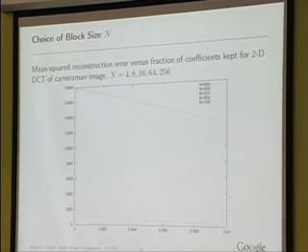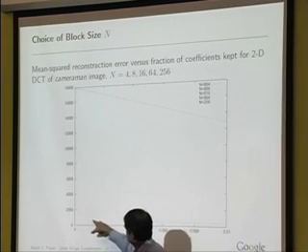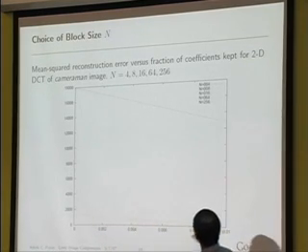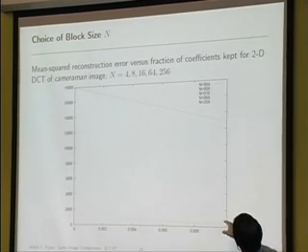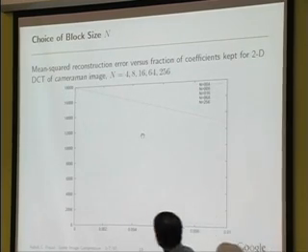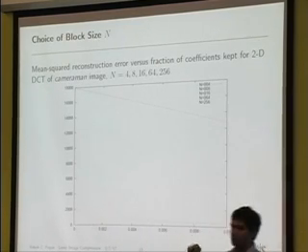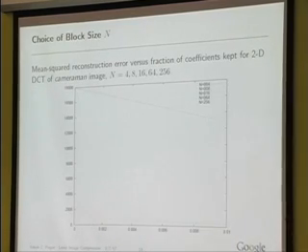So 1% of the coefficients is right here where these three curves, there's actually a third curve in there that's hard to see, kind of are on the same point in terms of distortion. But if we were back here somewhere, we'd probably see that the n equals 64 and n equals 256 is significantly better. So let's say we were trying to do a very aggressive compression ratio like that. Would we then choose a big block size? What are some of the reasons why we might and might not?